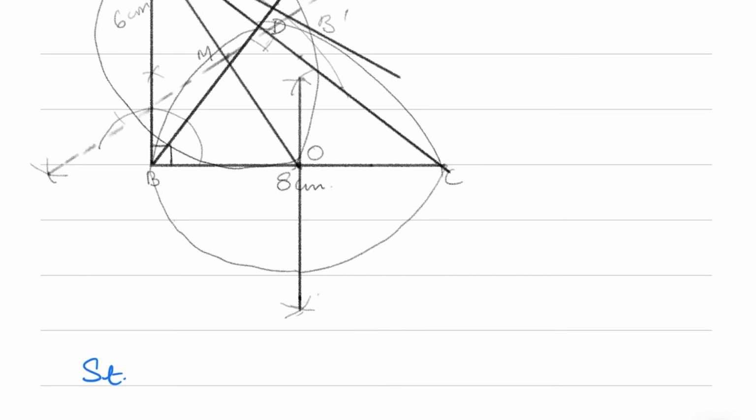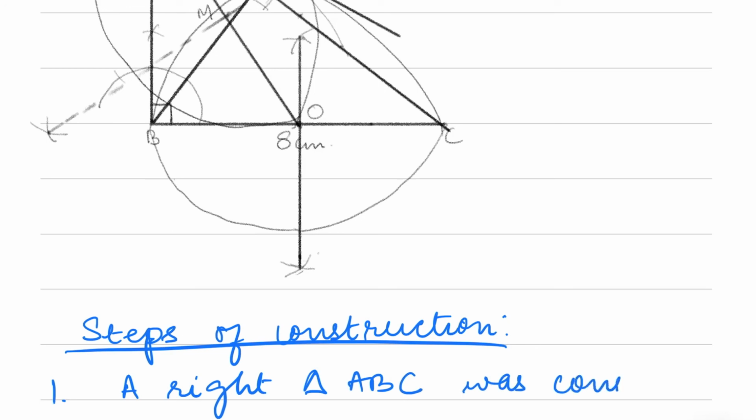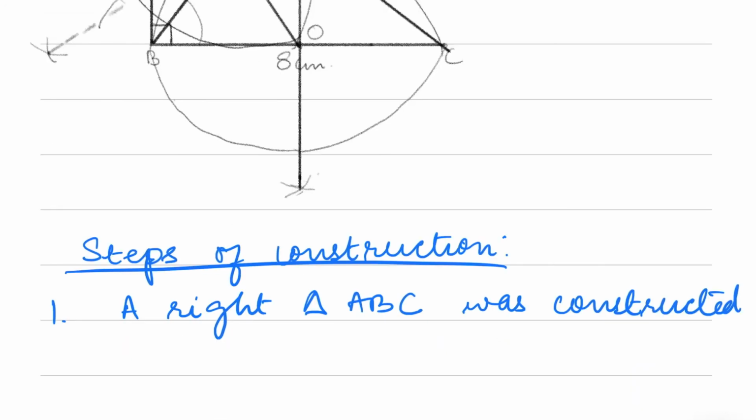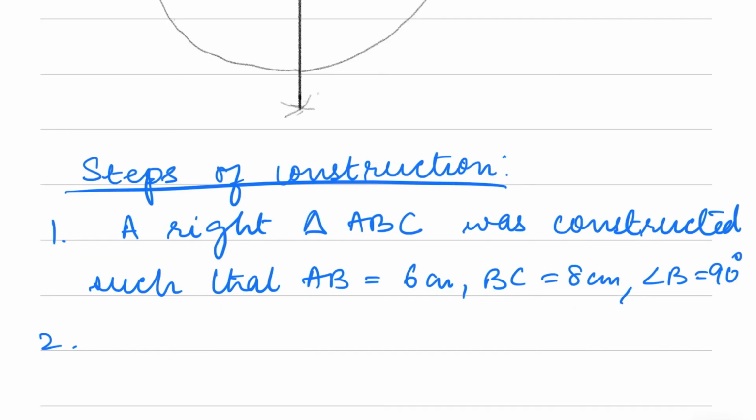So we can write down the steps of construction. First we constructed the triangle. So a right triangle ABC was constructed such that we took AB equal to 6 centimeter, BC we took as 8 centimeter and angle B equal to 90 degree.